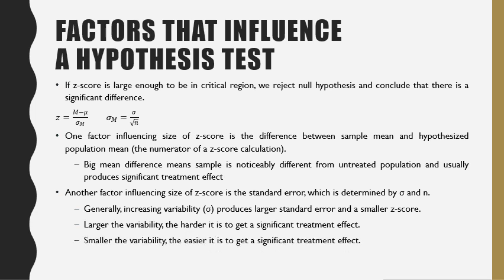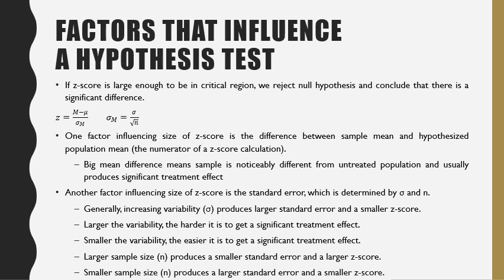The smaller the variability, the easier it is to get a significant treatment effect. A larger sample size produces a smaller standard error and a larger z-score. And again, a larger z-score is what we want in order to reject the null. A smaller sample size produces a larger standard error, which produces a smaller z-score. So all of these have an effect on the z-score, which has an effect on whether we reject the null or not.